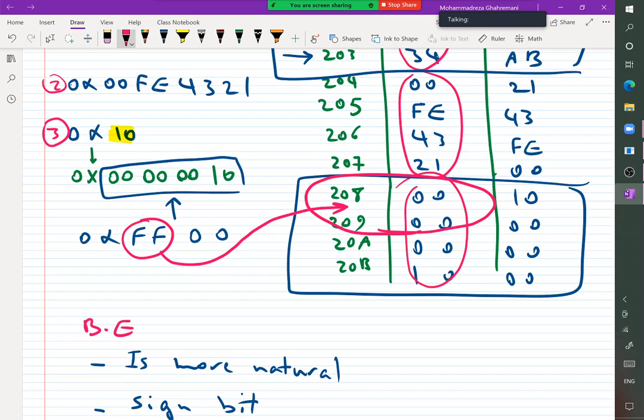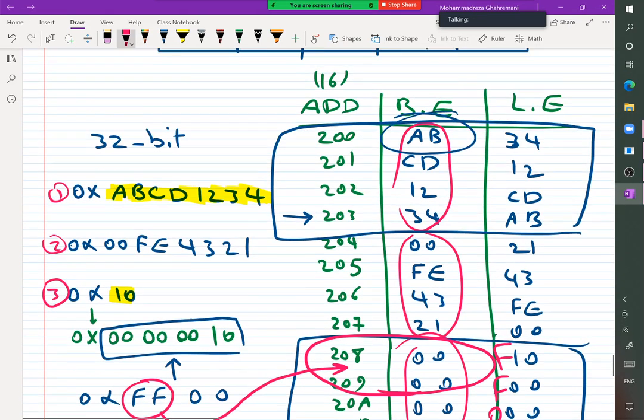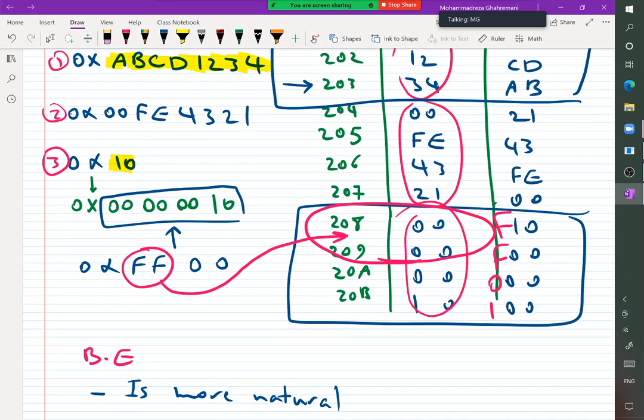Okay, so now we have FF01. Let's see, sorry, not FF01. We bring them in these 2 locations.